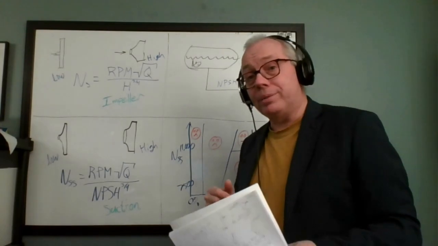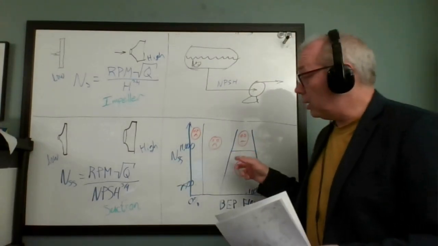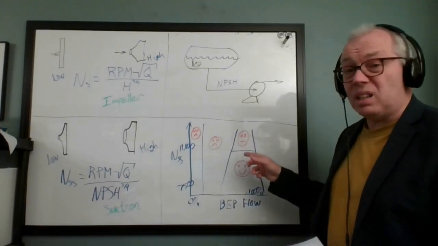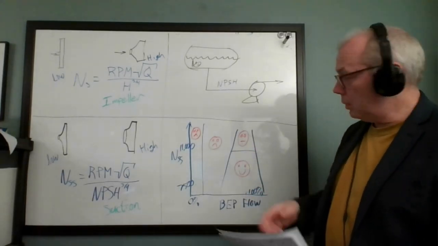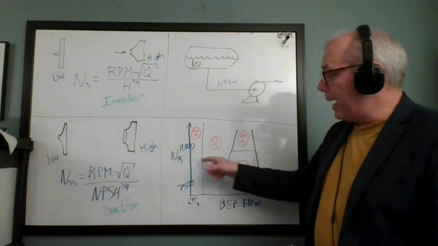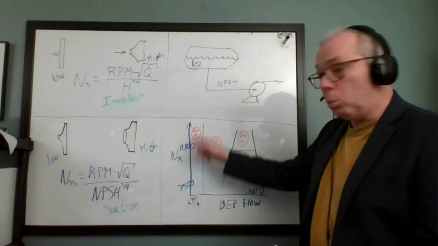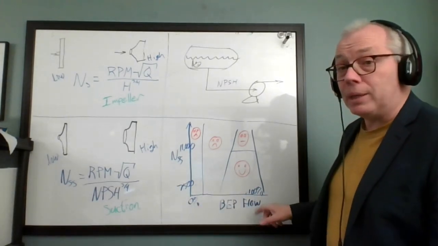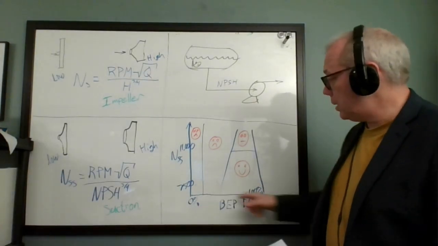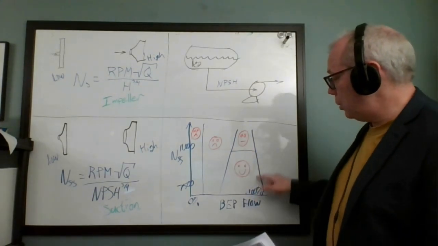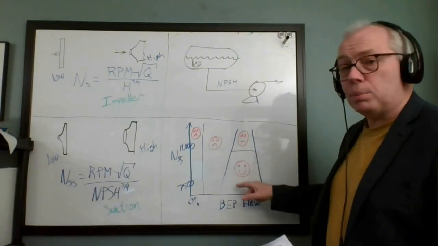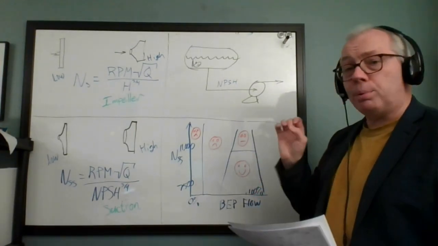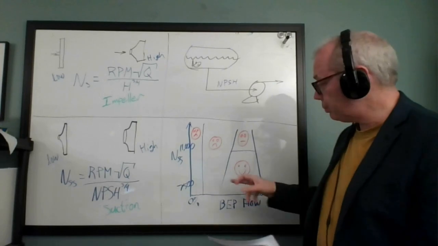Turns out there's a trade-off. The trade-off is all about reliability, and this was sorted out back in the 1970s. If we look at a graph of suction specific speed on the y-axis and percent of best efficiency point flow rate, or design flow rate, on the x-axis, there's an operating window around the best efficiency point where the pump operates really reliably.